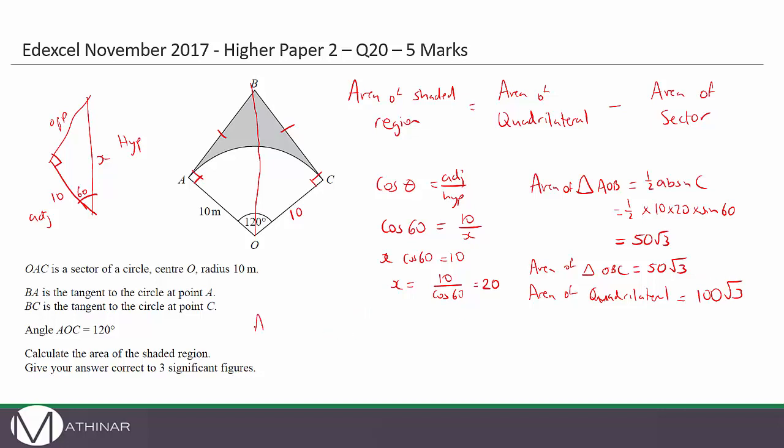Now we work out the area of the sector, which is AOC. Area of sector AOC is theta over 360 times pi r squared. Now theta is 120 divided by 360 times pi times the radius, which is 10 squared.